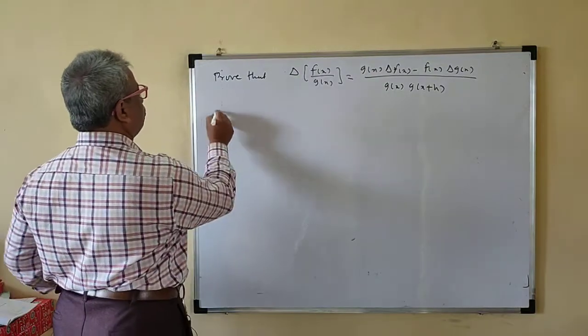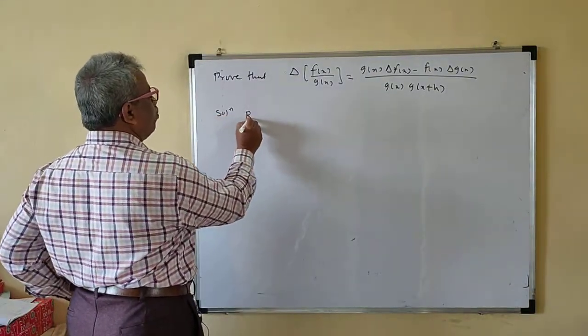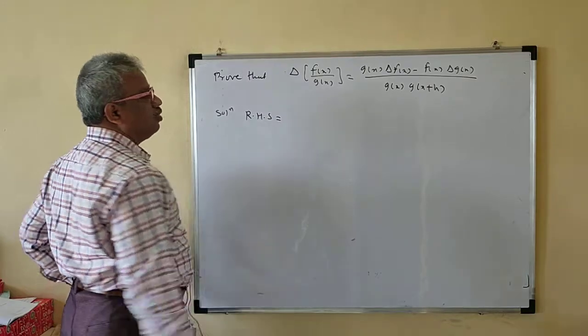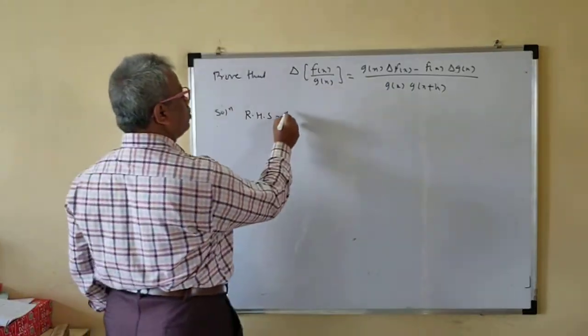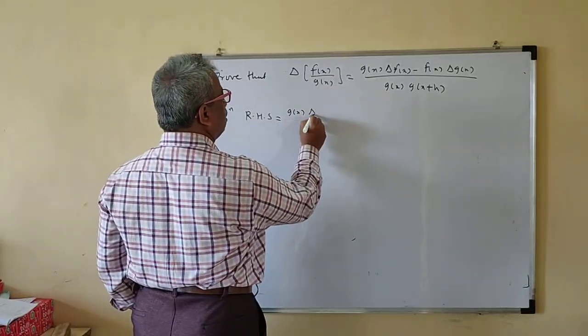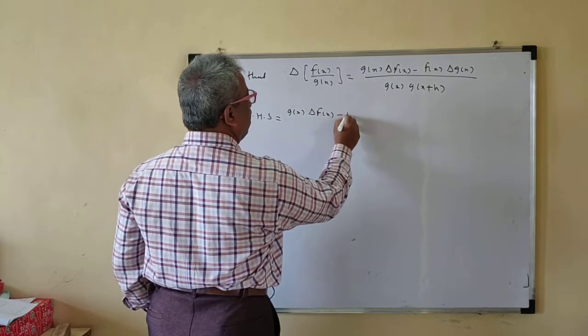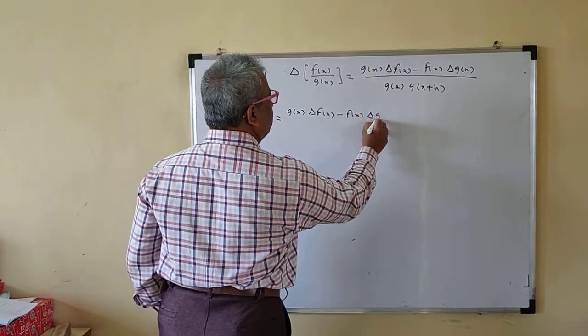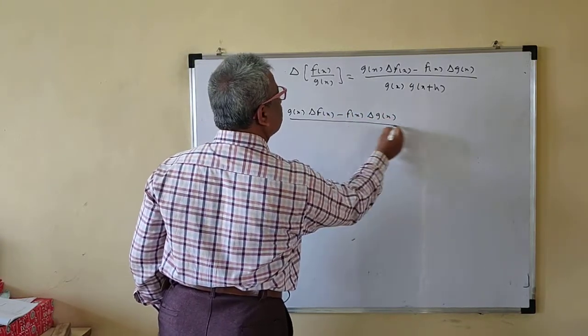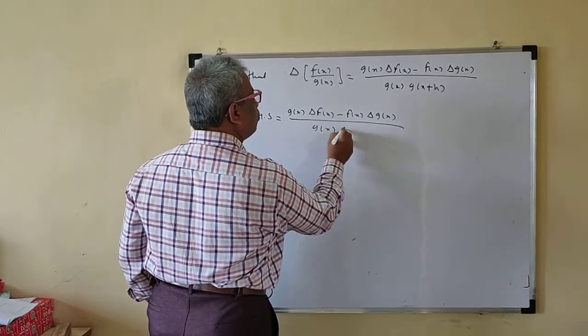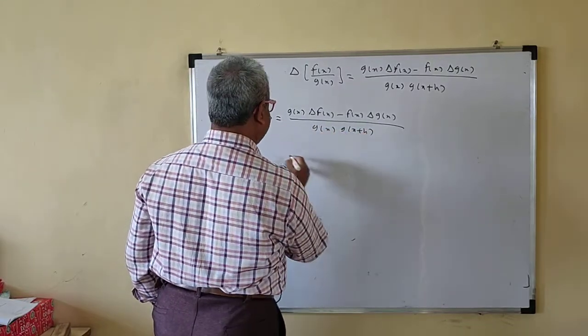Okay. Solution. So what we'll take? We'll take RHS now. We'll take RHS. So this is what g of x delta f of x minus f of x delta g of x upon g of x into g of x plus h.